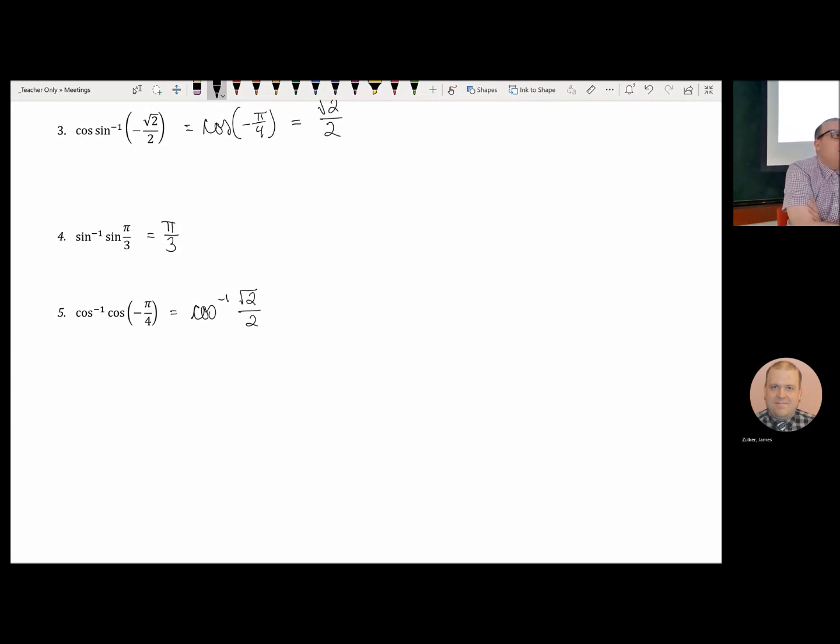Of those angles, which one gives cosine as root 2 over 2? So the inverse cosine of the cosine of minus pi over 4 is pi over 4.